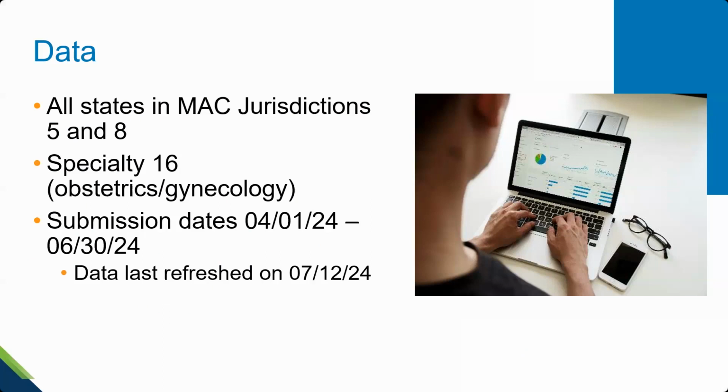For those of you that are wondering what Specialty 16 is, Medicare assigns a 2-digit code to providers when they enroll. And during enrollment, the providers will actually self-designate their specialties. So we assign the 2-digit specialty code when the provider enrolls in Medicare.